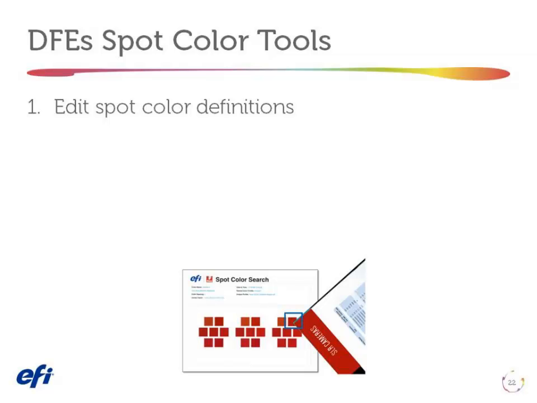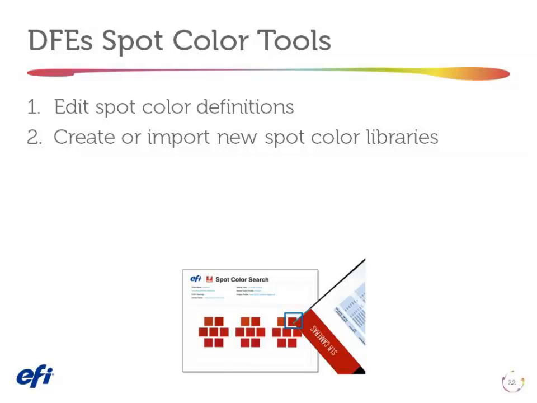So, this list of things we can do with the tool is to edit the spot color definitions. I just showed you a visual way that we let the customer do it with variations on a printed page. We can also edit these manually by typing in numbers or moving sliders around. We need to be able to create our own spot color libraries. Remember, there's cases where the customer doesn't know the Pantone color, and I've got to make a color for, you know, Bob's Tractor Red or whatever my customer might be.